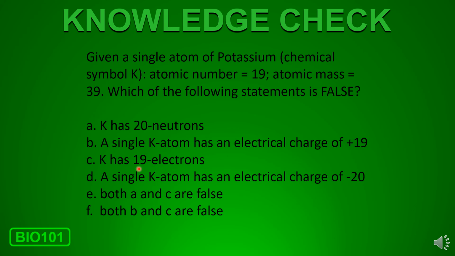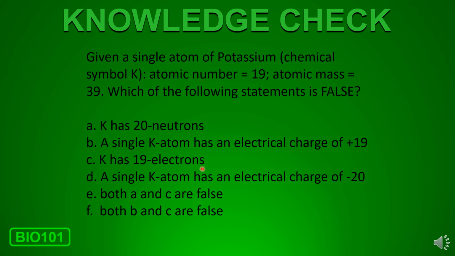C says potassium has 19 electrons. Well, how many electrons does potassium have? Well, potassium has an atomic number of 19. That's the number of protons. And in the neutral situation, the number of protons, positive charges, must equal the number of electrons, negative charges. So therefore, we can presume that potassium with 19 protons also has 19 electrons.